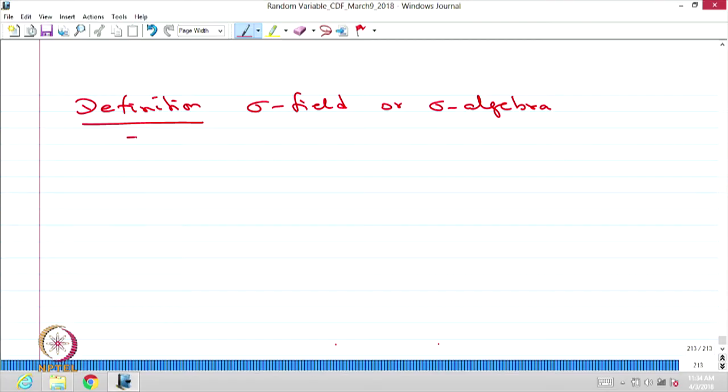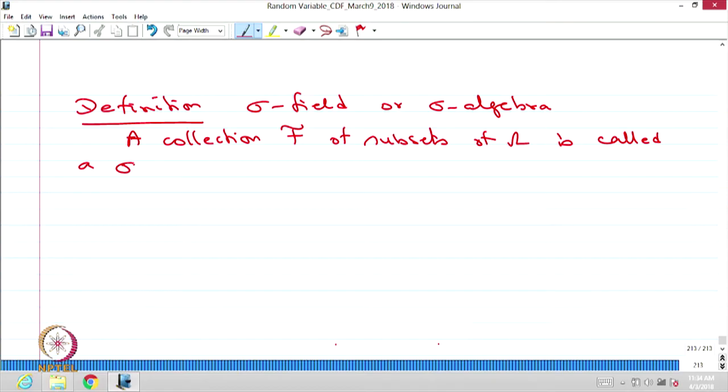A collection, denoted by F, of subsets of omega is called a sigma field over omega, or on omega.